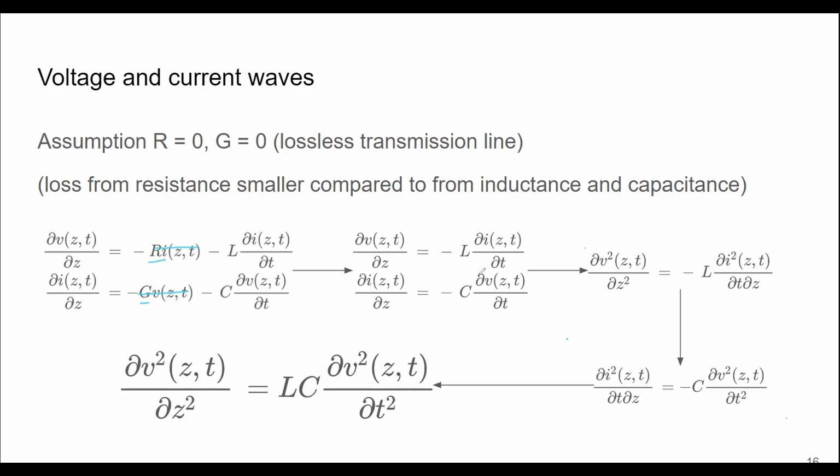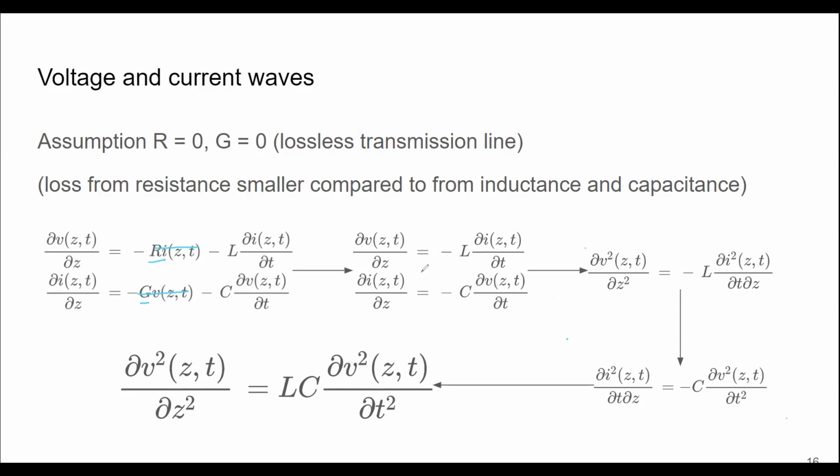Once we have these two equations, we are trying to find a relationship for the same parameter. We want to know what is happening to the voltage. So in order to find the voltage relationship and how the voltage is changing, we need to remove the effect of the current.